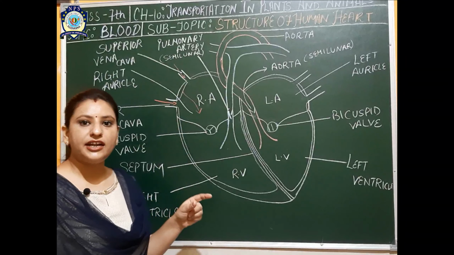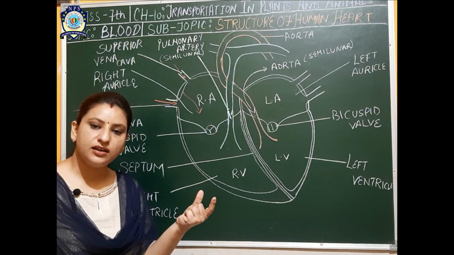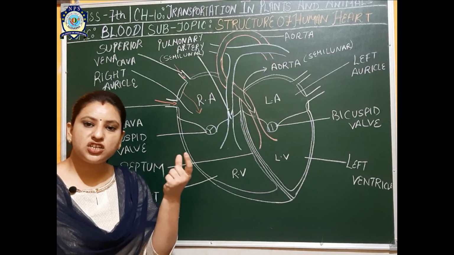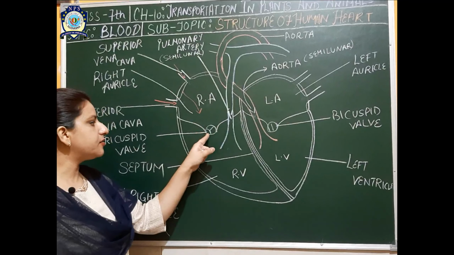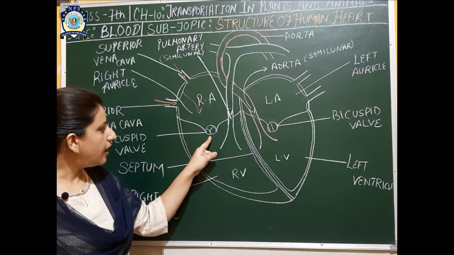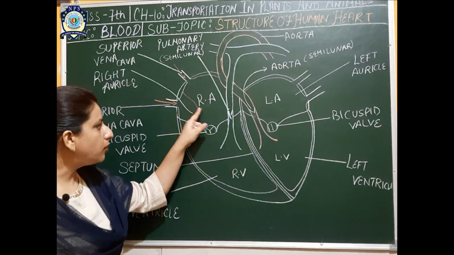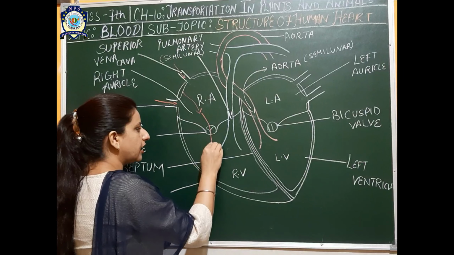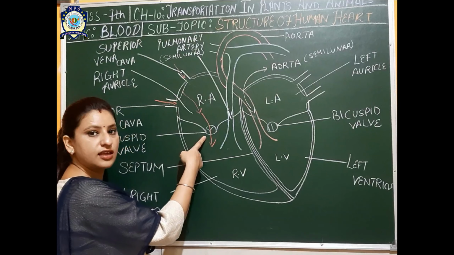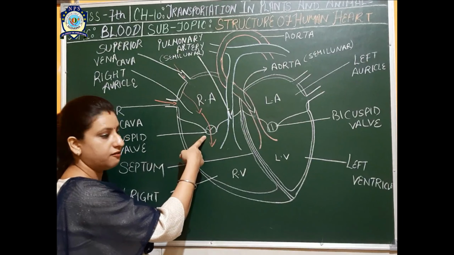Now as the right auricle is filled with blood, pressure is generated on the walls of the auricle. This time the valve opens and the blood passes from the right auricle to the right ventricle through this tricuspid valve.